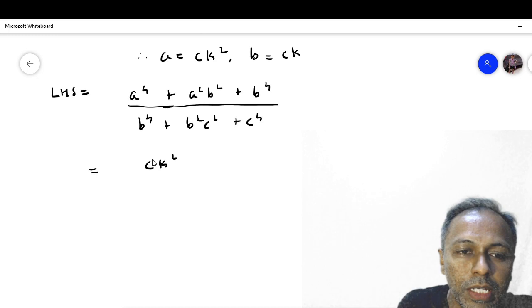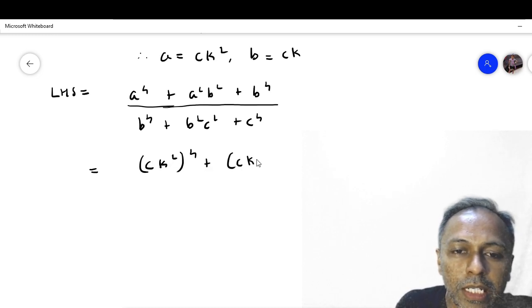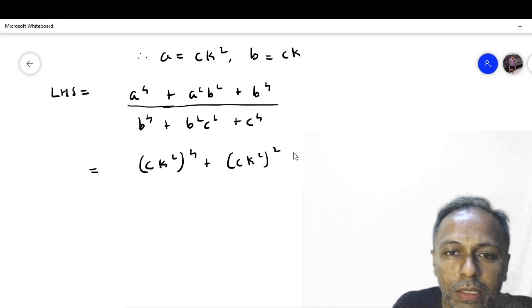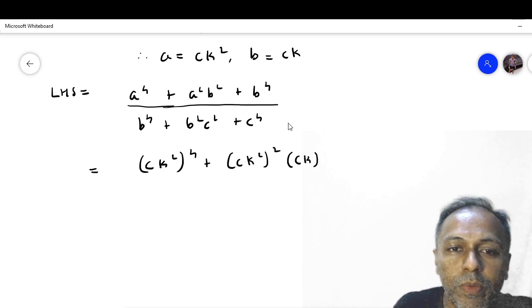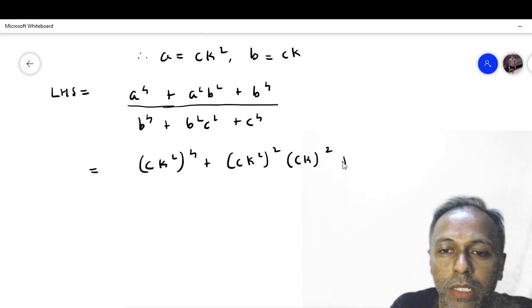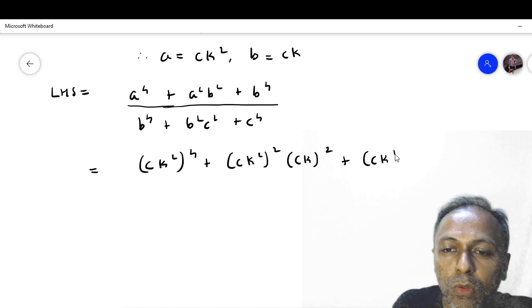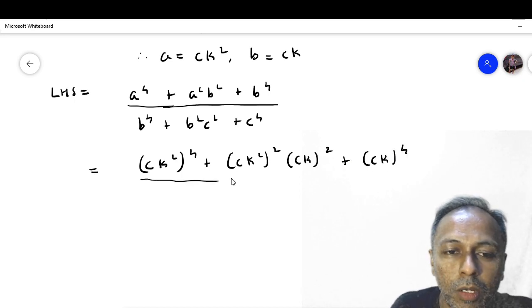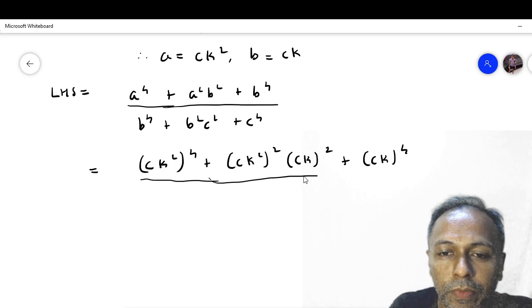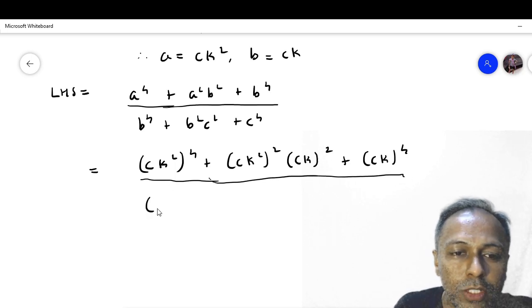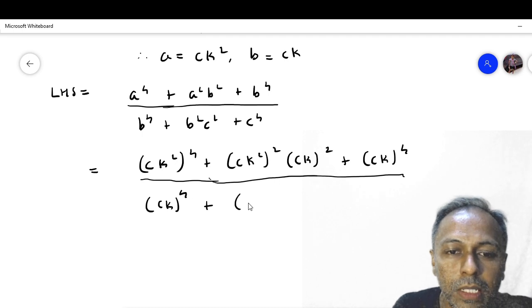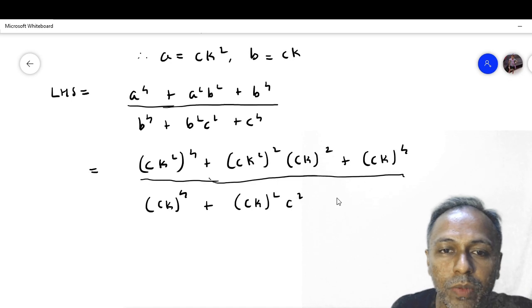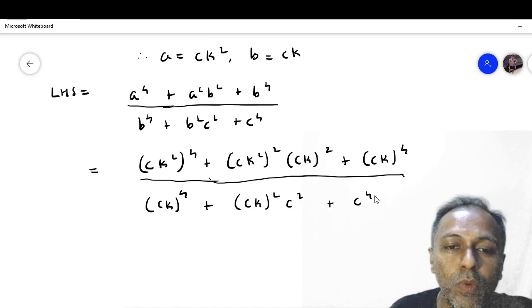So ck square raised to 4 plus ck square square, now b square, so we can write ck whole square, plus again ck whole raised to 4 upon again we have b raised to 4, which is ck raised to 4 plus b is ck square. C square will remain c square plus c raised to 4 as it is.